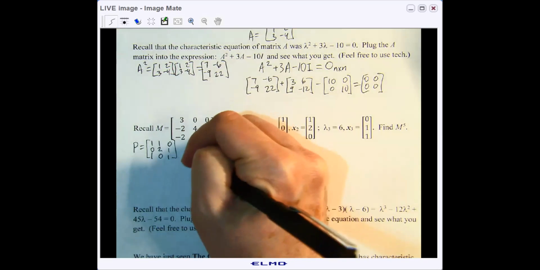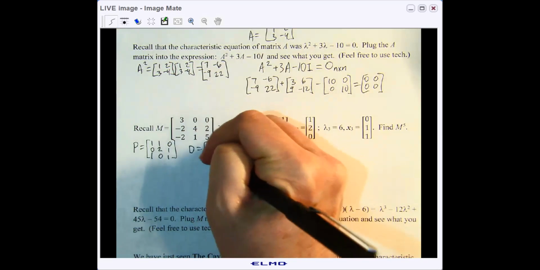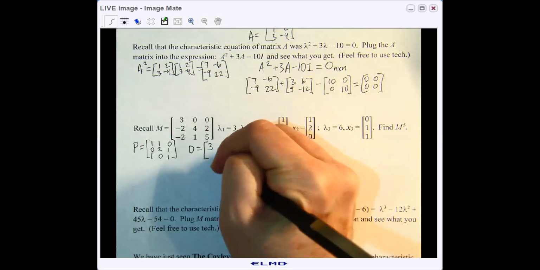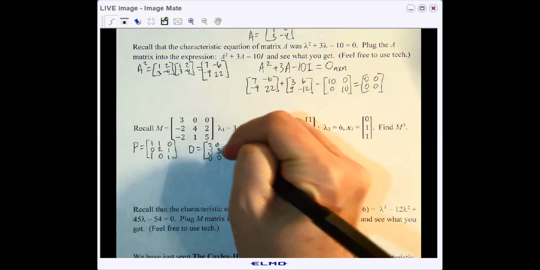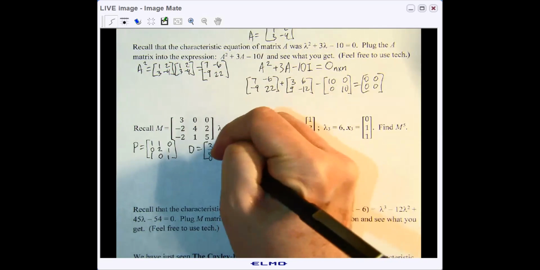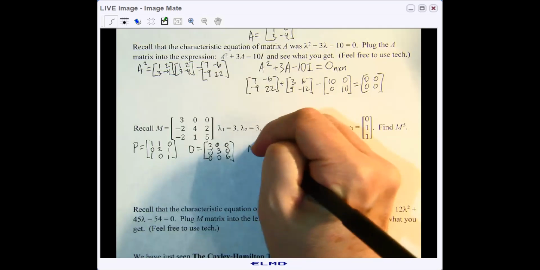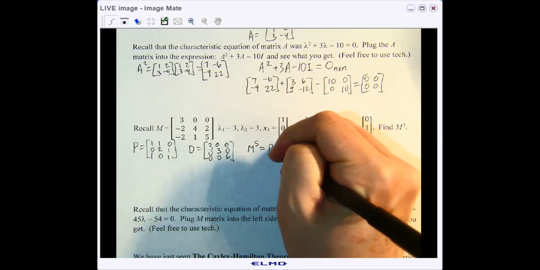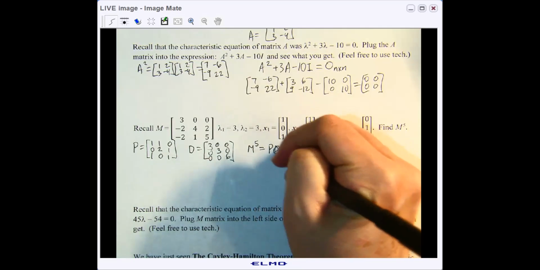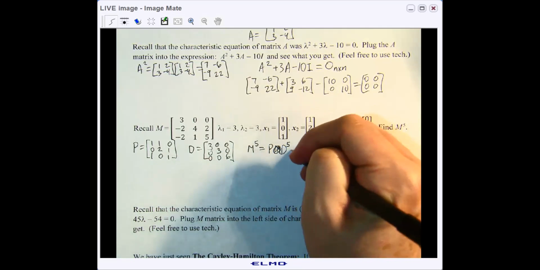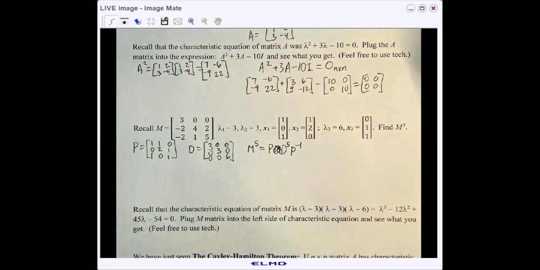Then my diagonal matrix will have those corresponding eigenvalues down the main diagonal. And as we saw before, M to the 5th power will be P times D to the 5th power times P inverse.